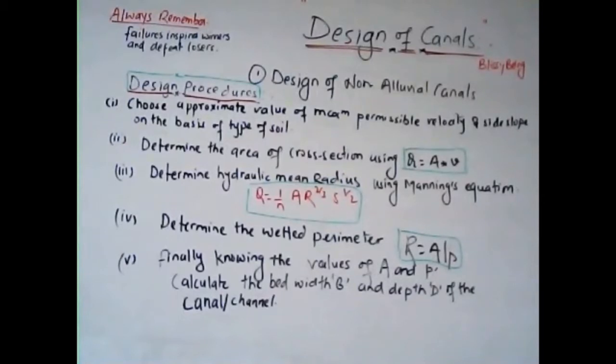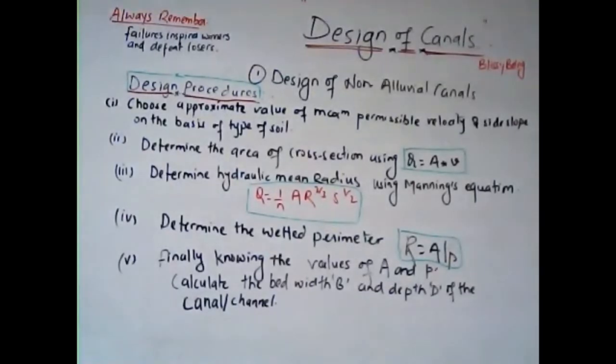And on the basis of the soil you need to select the two parameters here, maximum permissible velocity and the side slope. Then you need to determine the area of cross section of the channel using the discharge formula, that is the continuity equation: discharge equals the cross-section area into the velocity of that section.